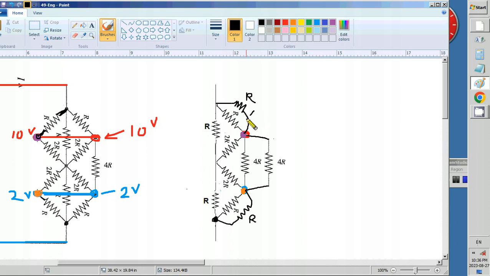Because these R are parallel, then R by 2. So let us simplify. R are parallel here, then what is the resultant?